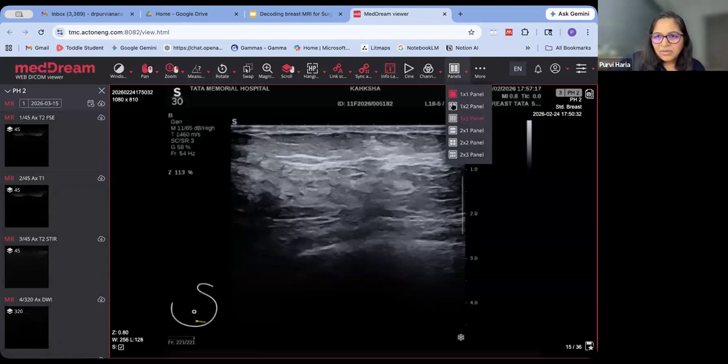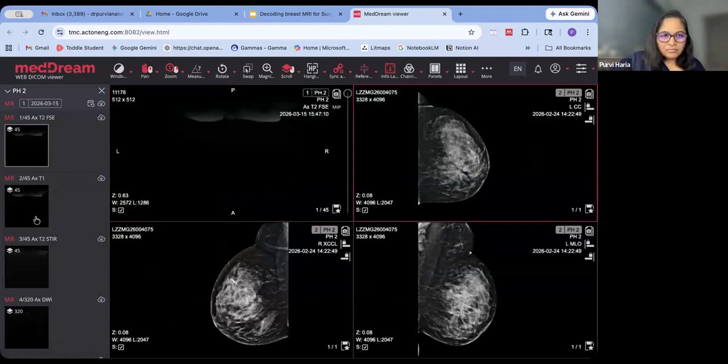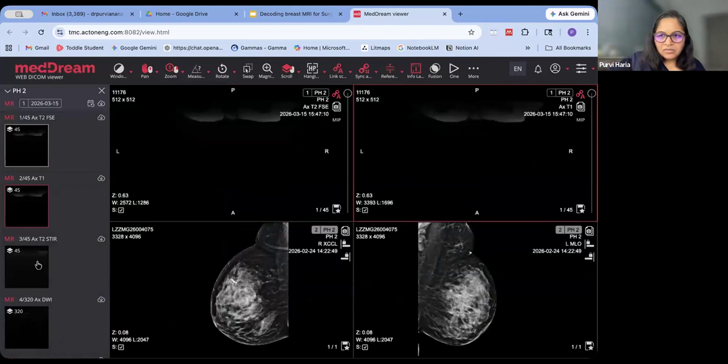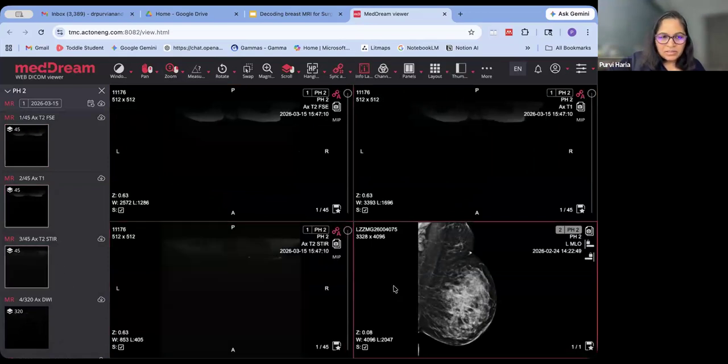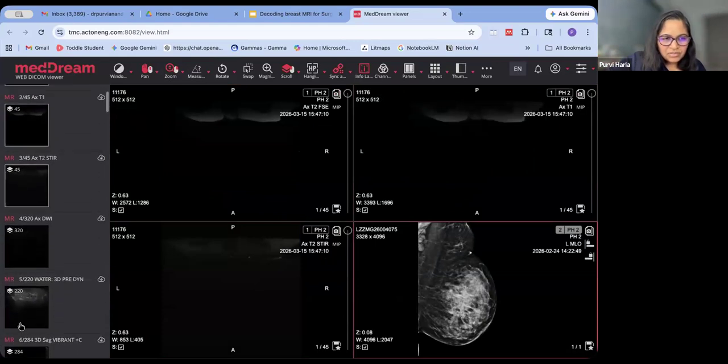So now I have the MR. This is T2, T1, STIR, and diffusion.